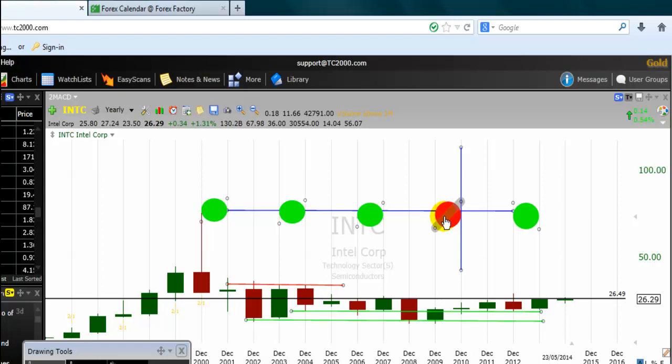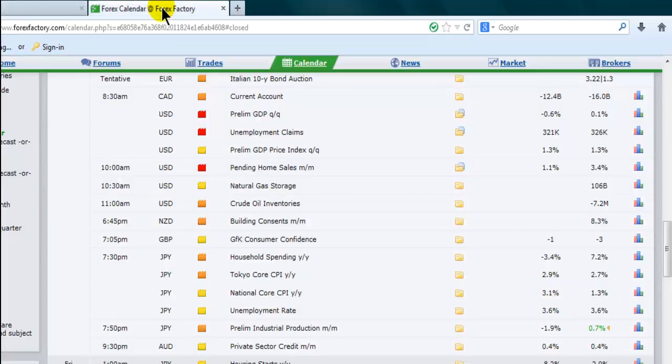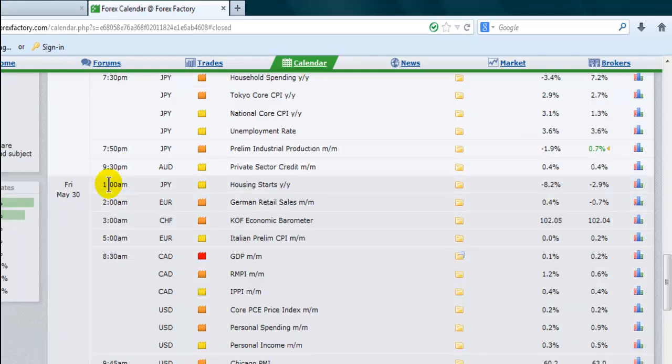In fact, the best day trading opportunity will arise after 10:30 Eastern time. Even sometimes you will see it after 11 a.m. Eastern time, that's 4 p.m. London time. So professionals will wait patiently for this news to be released, all right?